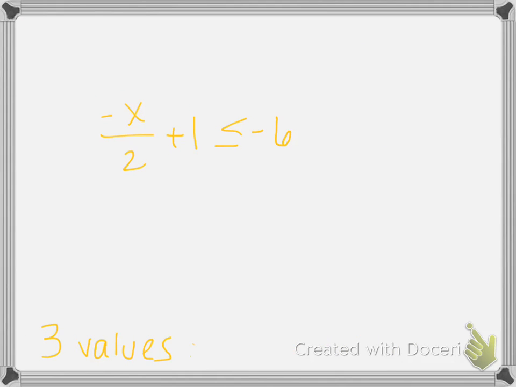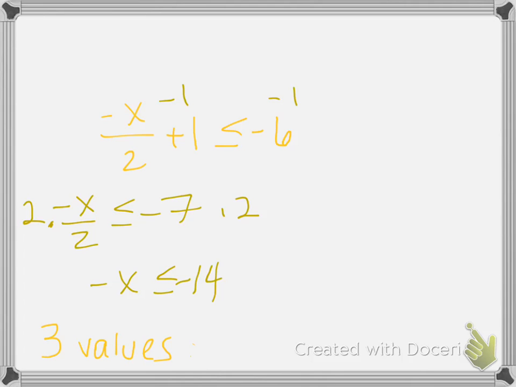Okay, we gotta do things not attached to x first, so let's subtract 1 from both sides. So we got negative x over 2 is less than or equal to negative 7. To get rid of this 2, I have to multiply both sides by 2, so now I have negative x is less than or equal to negative 14. Okay, this is the same thing as having a negative 1, so let's divide both by negative 1.